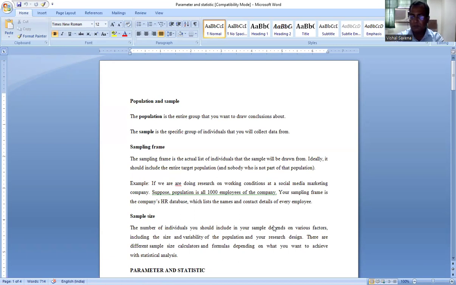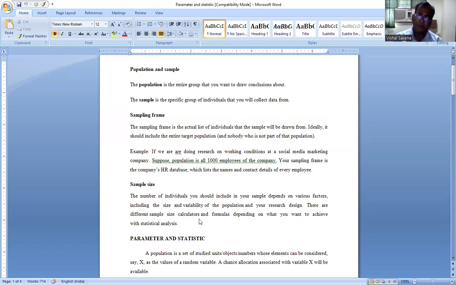This is a very important part of statistics because when we discuss testing of hypothesis, the concepts of parameter and statistics will be used.